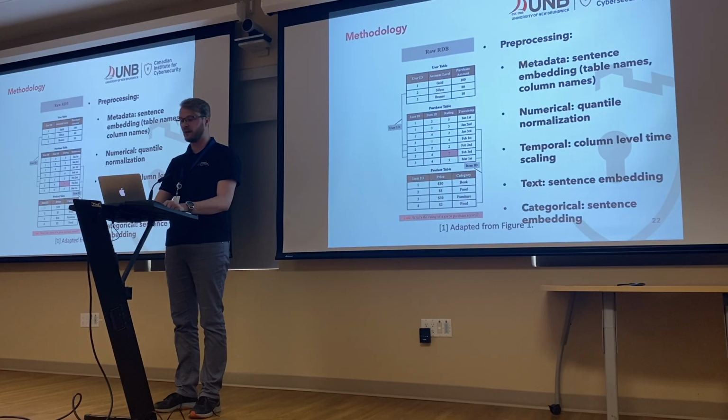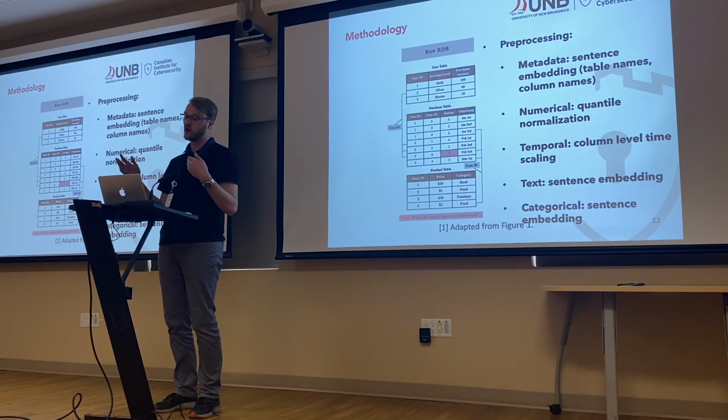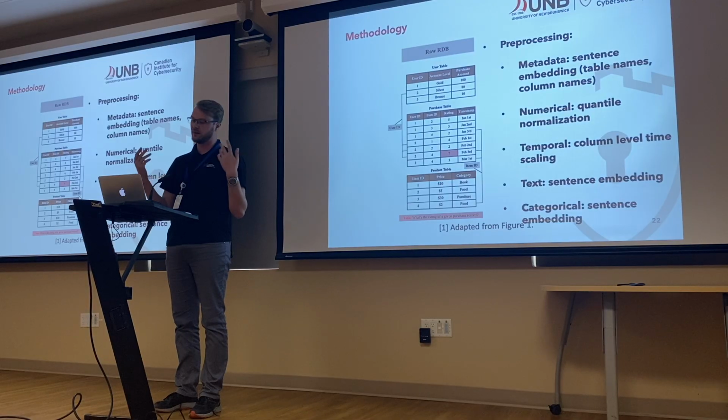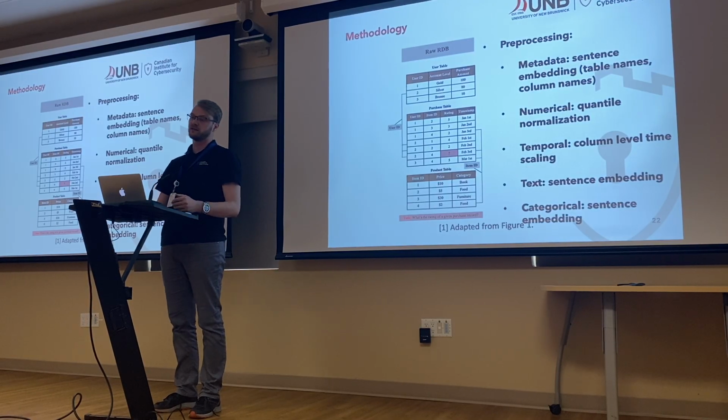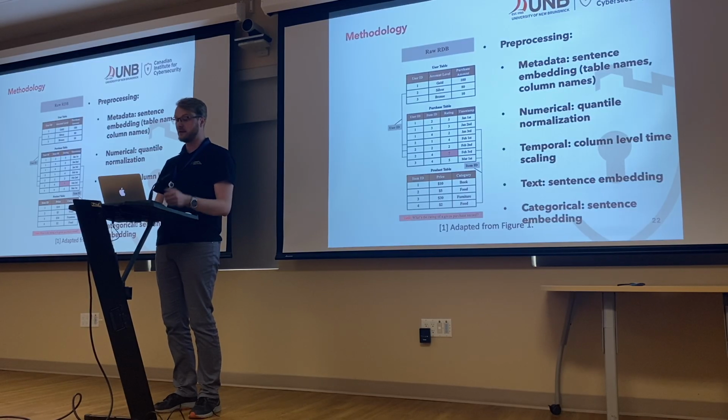We also apply quantile normalization to any numerical data we see. We also perform column-level time scaling on temporal data, because some of these rows might come with temporal features, like when they were made or when they ended. We might also say, for regular text, we might use a sentence embedding just to represent that.